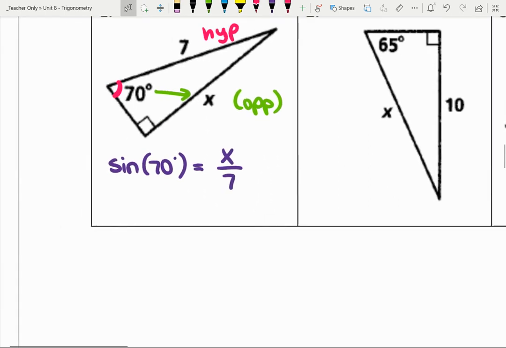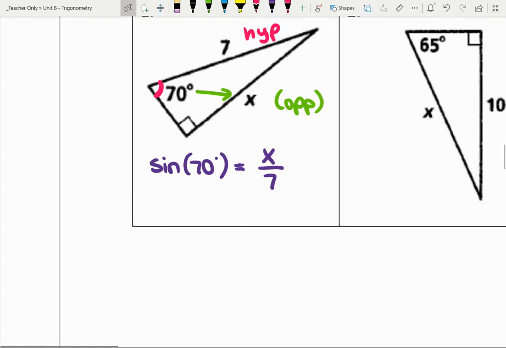Now, when you're calculating the sine of 70 degrees or any trigonometric value, we want to make sure that our calculator is in degrees mode. So if you're using a handheld calculator, you're going to want to select the button that says mode.